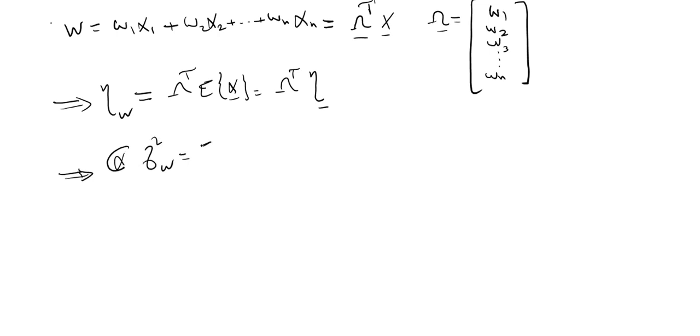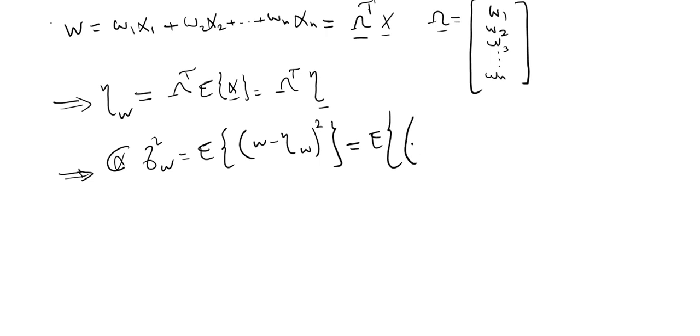And sigma squared W is the expectation of (W minus eta W) to the power of 2. I can write this: W is omega transpose X, and eta W is omega transpose eta. Because W is a scalar, I can take the transpose, so I can write W, but this time with the transpose.